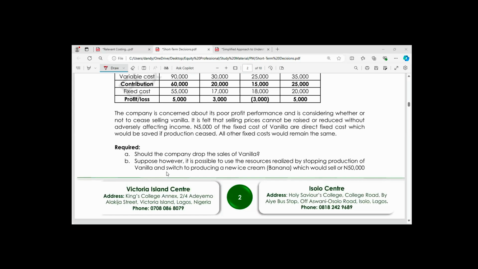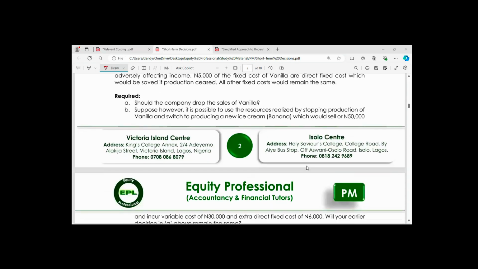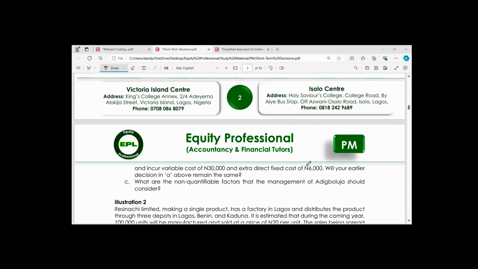Required: A. Should the company drop the sales of vanilla? B. Suppose, however, it is possible to use the resources realized by stopping production of vanilla and switch to producing a new ice cream, banana, which would sell for 50,000 naira, and incur variable costs of 30,000 naira and extra direct fixed costs of 6,000 naira.